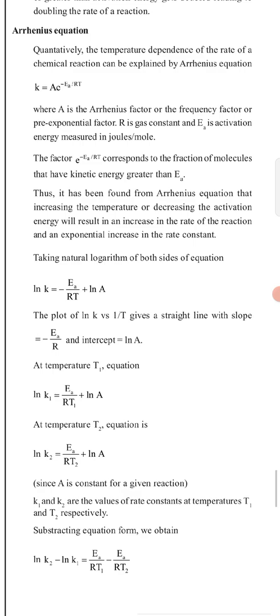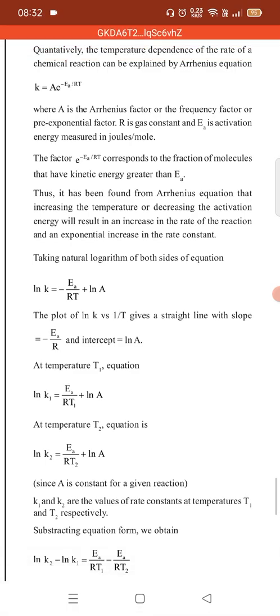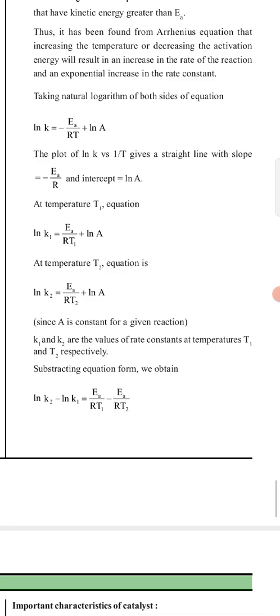Converting into ln, ln K equals minus EA by RT plus ln A. So minus EA by R is the slope and ln A is the intercept. If we plot ln K versus 1 by T, we get a straight line with negative slope and intercept ln A.